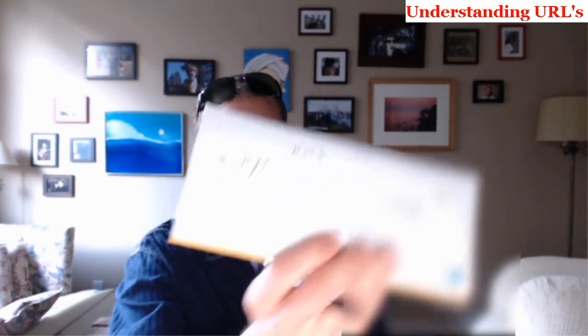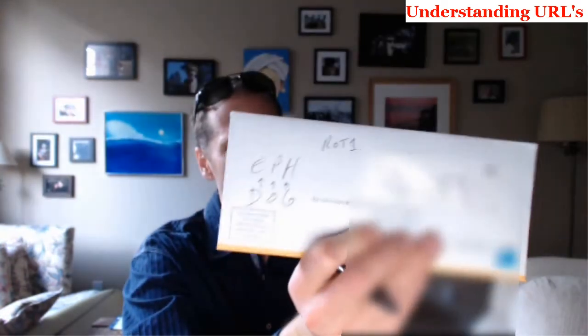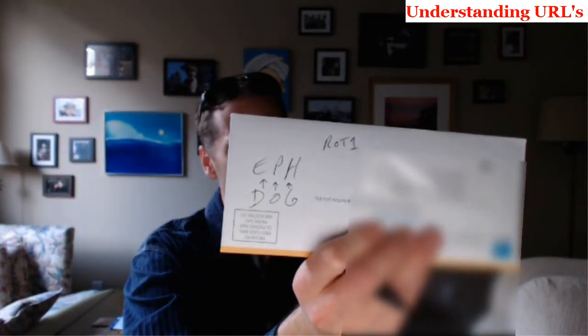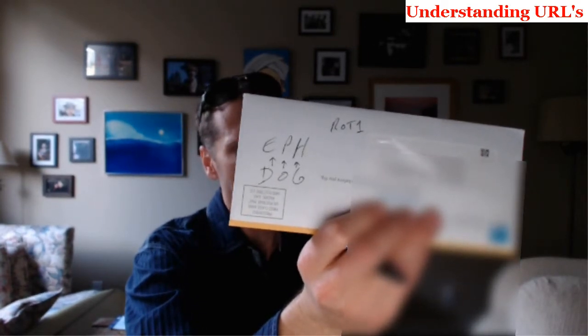If I rotated my letters one letter in the alphabet, from D I rotate to E, from O I rotate to P, from G I rotate to H. So I encrypted the word dog by rotating up one letter, and that would be a ROT1 encryption.